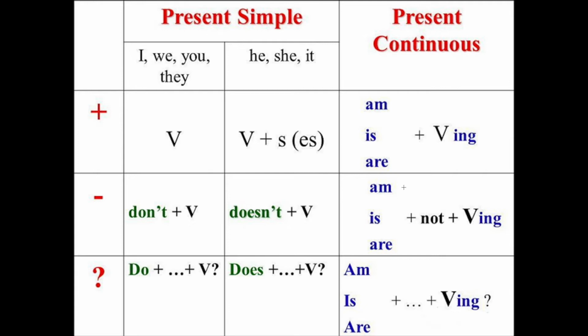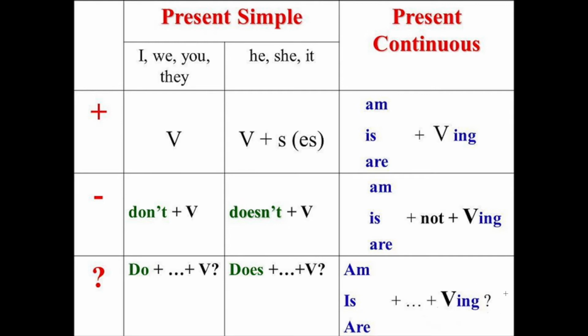For the negation, we use am, is, are, plus not, plus a verb in ing. In the question, we use am, is, are, plus a subject, which could be I, we, you, they, he, she, or it, plus a verb with ing. And always, very important, when you have a question, don't forget to use the question mark.